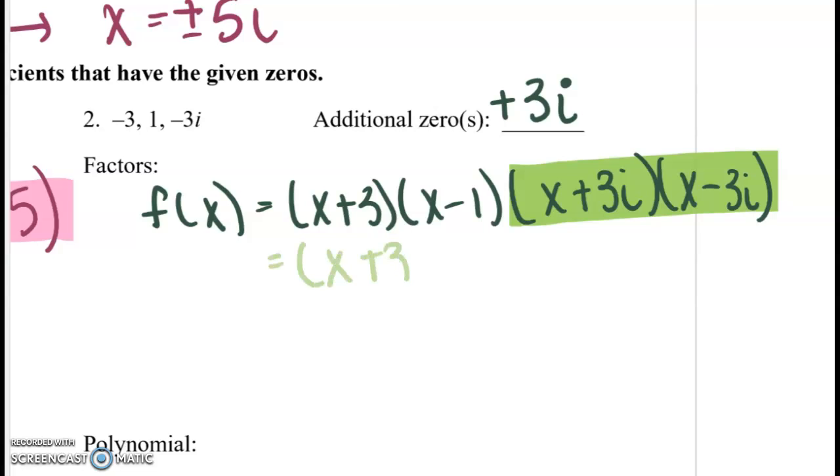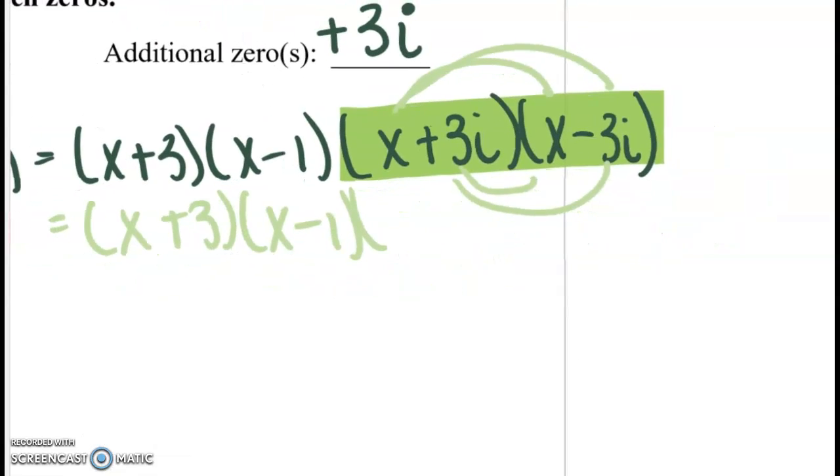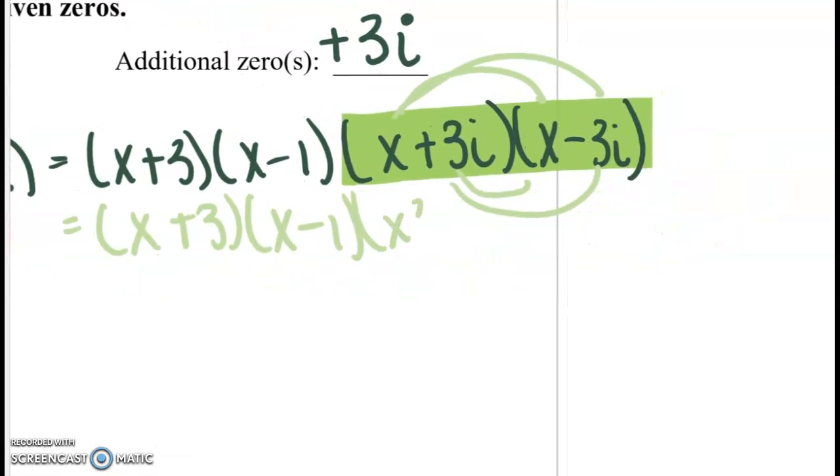So I've got x plus 3, x minus 1. So here you're going to distribute, distribute, distribute, distribute. So I've got x squared minus 3xi plus 3xi minus 9i squared.